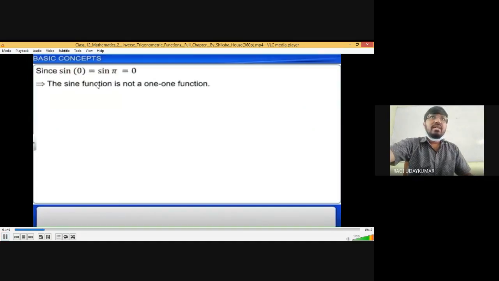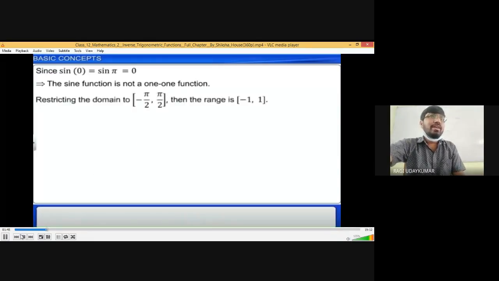As an example, sine 0 is equal to 0, sine pi is equal to 0, but the sine function is not a one-one function when you take the domain as real numbers, because both 0 and pi have the same image, the value 0.